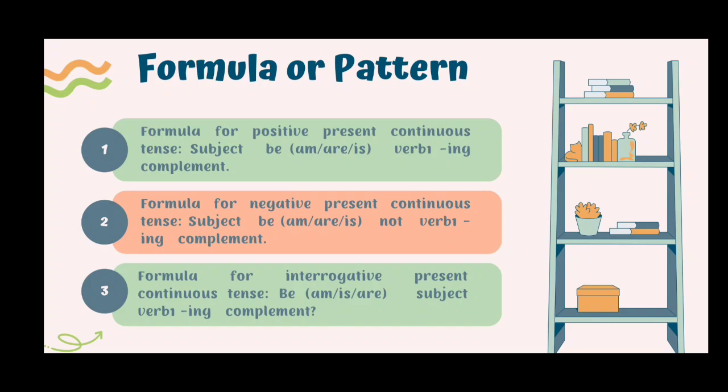For the negative sentence, it will be subject plus be plus not plus verb ing plus complement. And the interrogative sentence, it will be be plus subject plus verb ing plus complement.